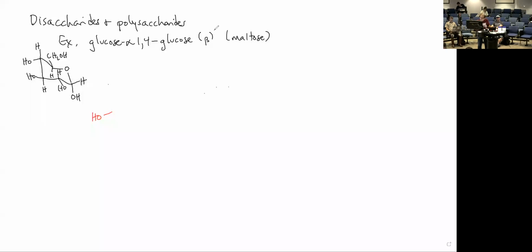Will it look bad if I use yet a third color? I kind of want to make that OH special. We'll try it. If it's bad, I won't do it again. And since this is telling us that maltose has the hemiacetal carbon in the beta anomer, we'll make that one beta, so it points up.